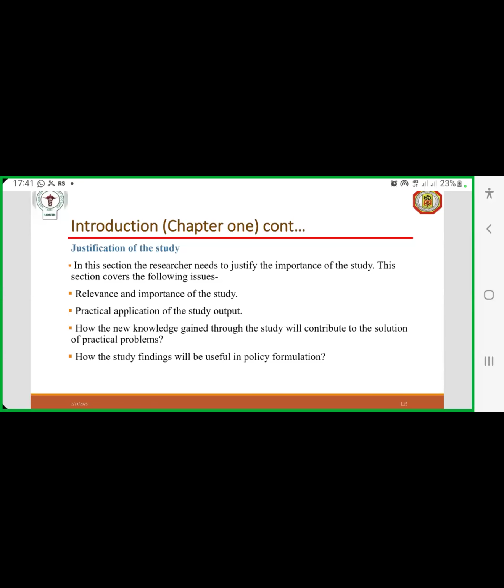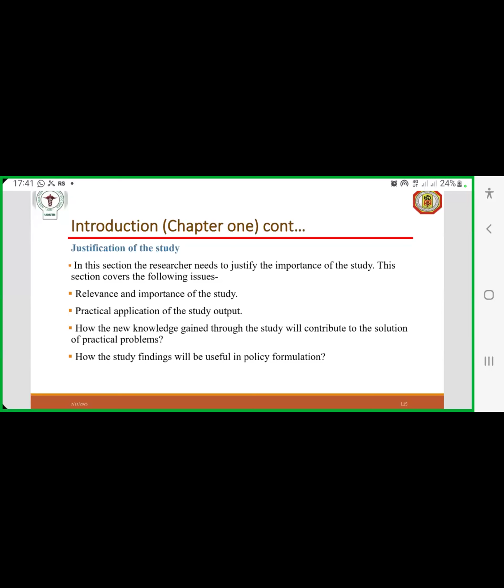You can also justify that if this research is conducted, it will generate baseline data for policymakers to use in intervention programs for this problem. You can say this research, when conducted, will help in doing this and that.